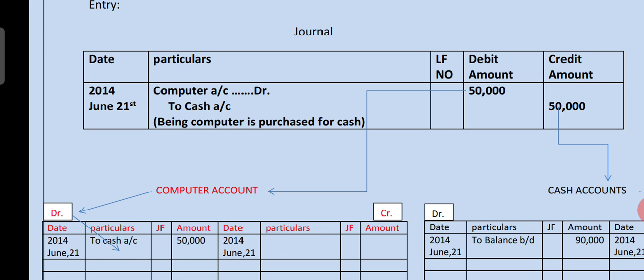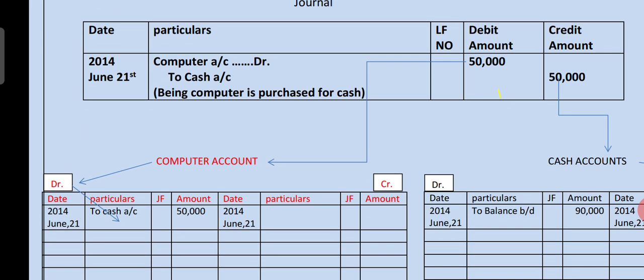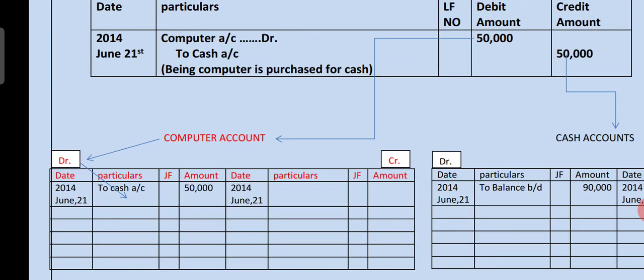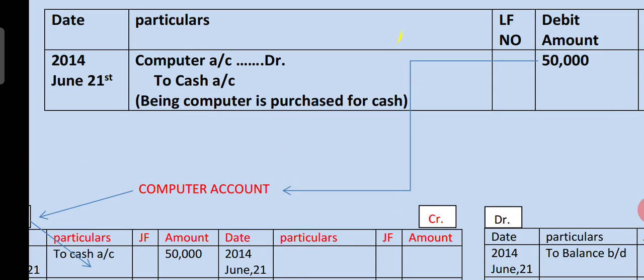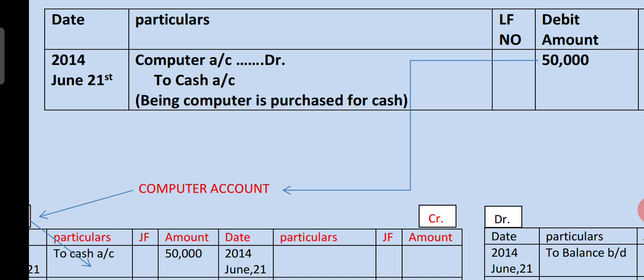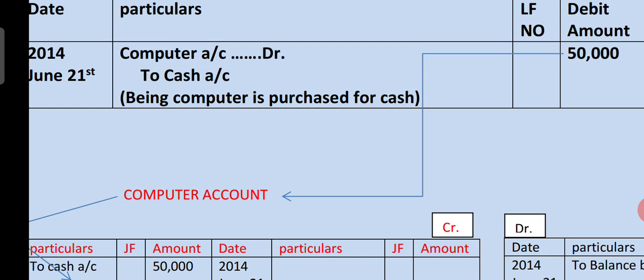It is also called the secondary entry. See here, how many accounts are there in the entry? In the double entry there are 2 accounts. Computer is one account and cash is another account.